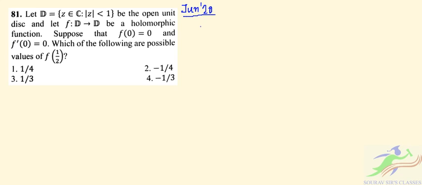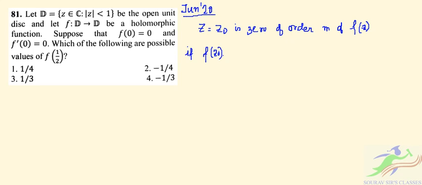The theorem states that z equal to z0 is a zero of order m of f(z) if f(z0) equals f'(z0), up to f^(m-1)(z0), is equal to 0 and f^(m)(z0) is not equal to 0.